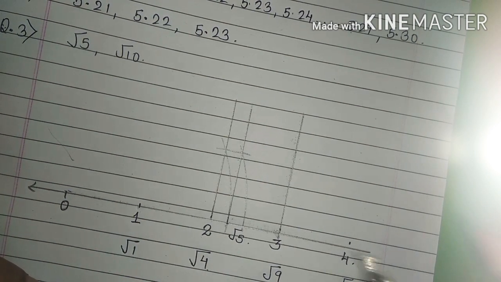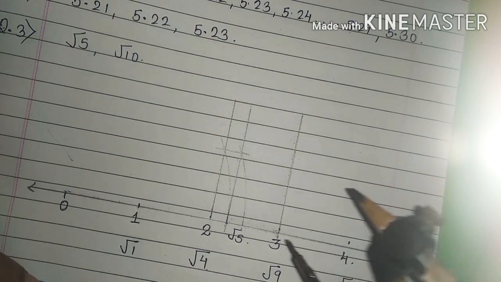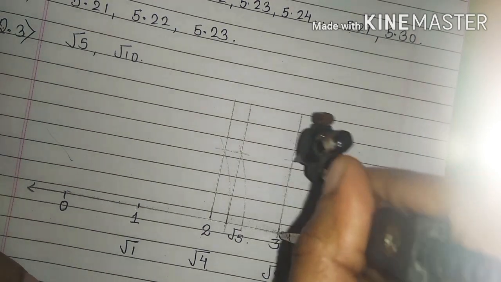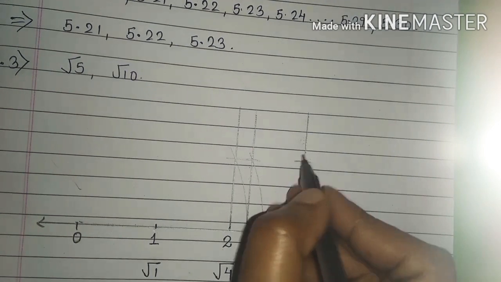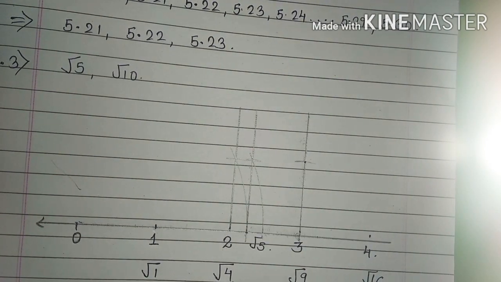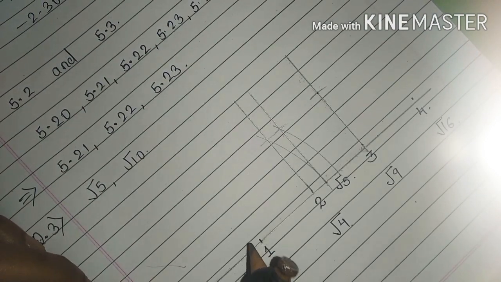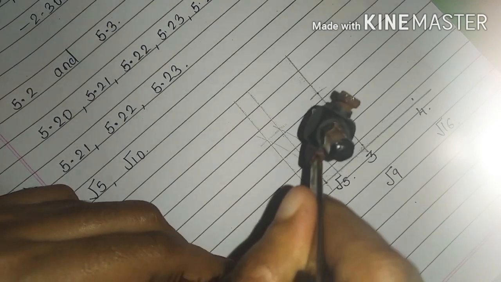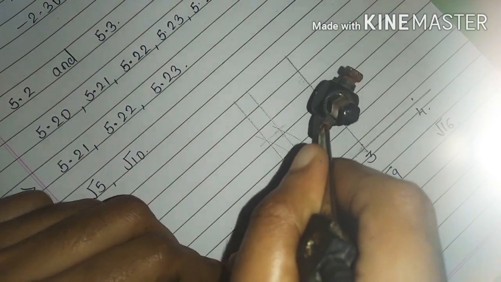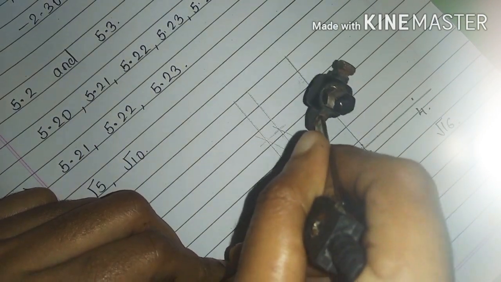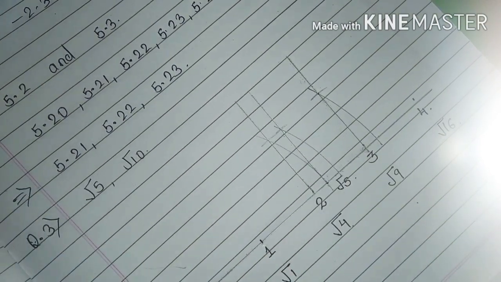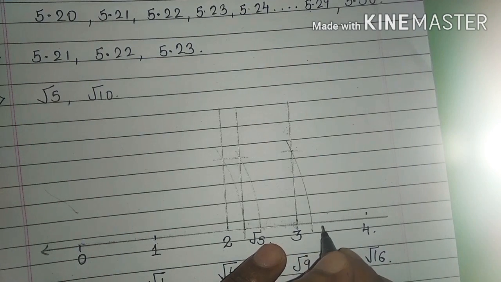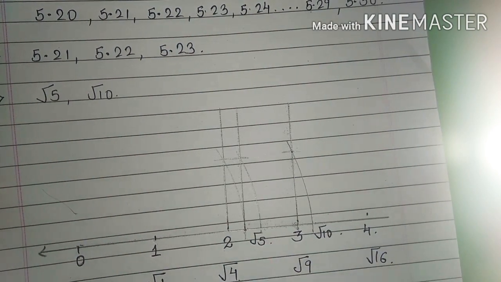Now keep your pointer on point 3 and draw an arc. Here you will get an intersecting point. Now by using this point, we will draw an arc. Now keep your pointer on 0 and draw an arc. And this is nothing but root 10.